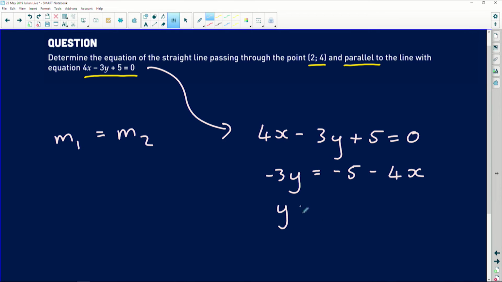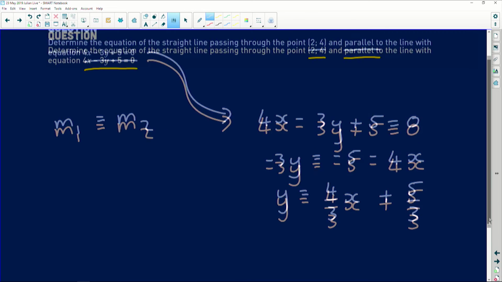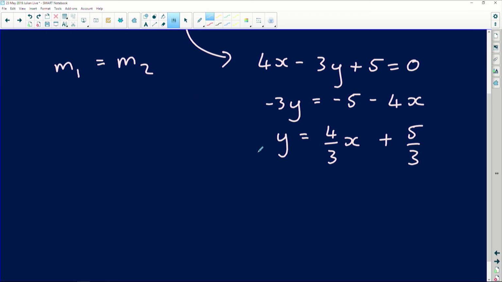So I'm going to have y is equal to 4 over 3 x, and 5 divided by 3, it's negative 5 divided by negative 3, so it's going to be positive 5 over 3. So in this form, guys, we're now in standard form, which is y equals mx plus c, and m is the gradient of the line which we've been given.